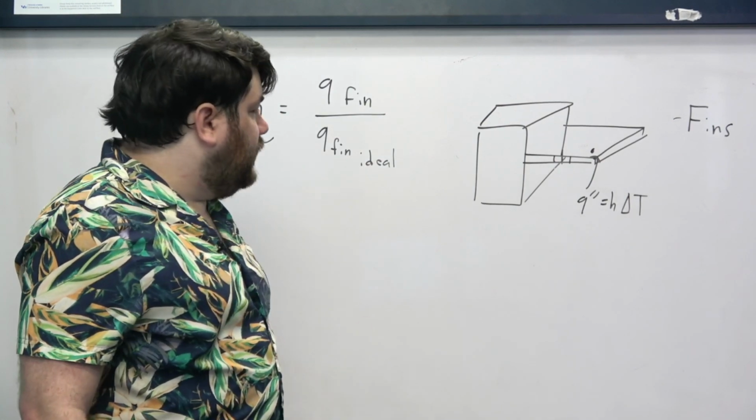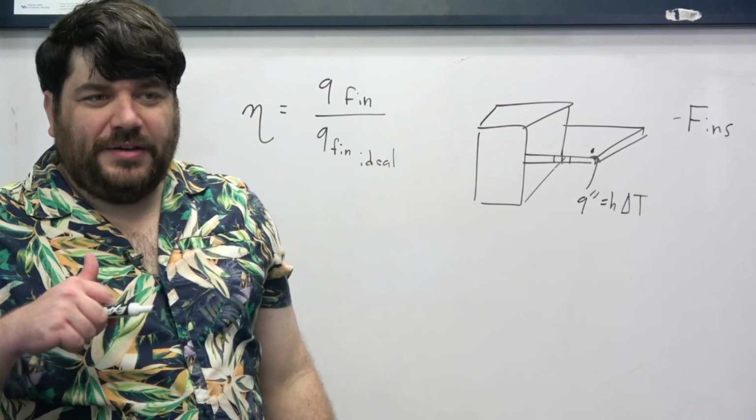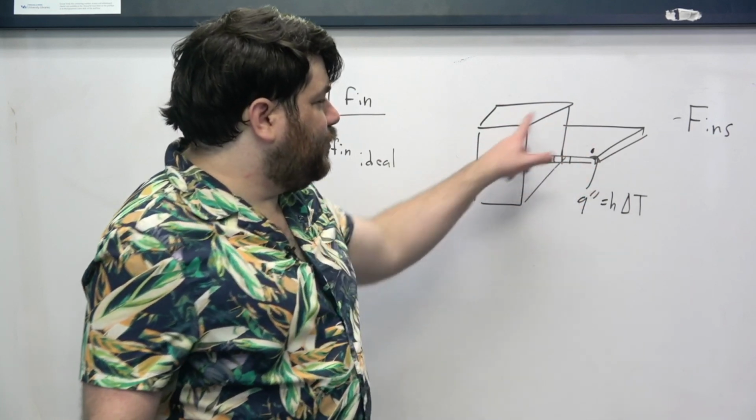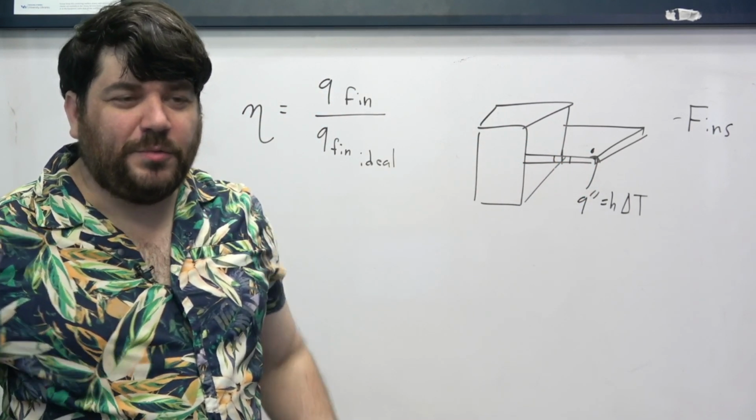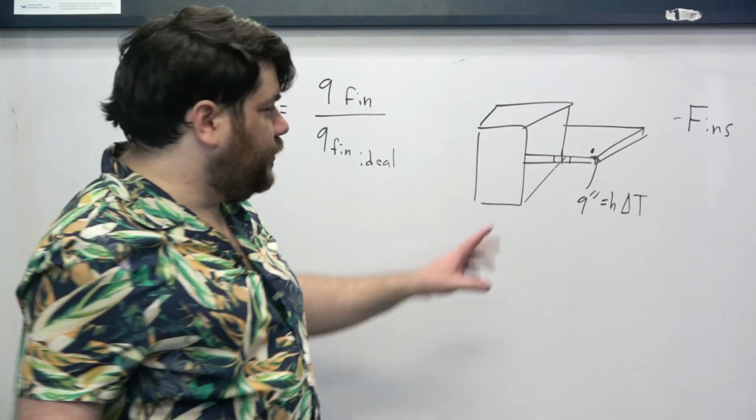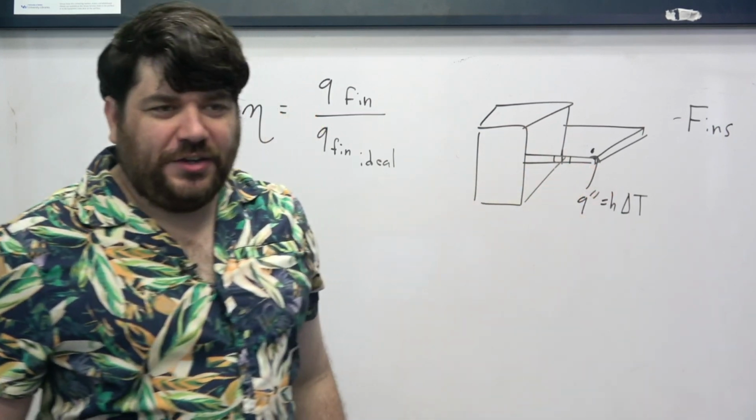Well, the ideal fin heat transfer rate is assuming that the temperature everywhere on this fin is the same. So we ignore the physical reality that in order for this to work, the temperature has to change on the fin.